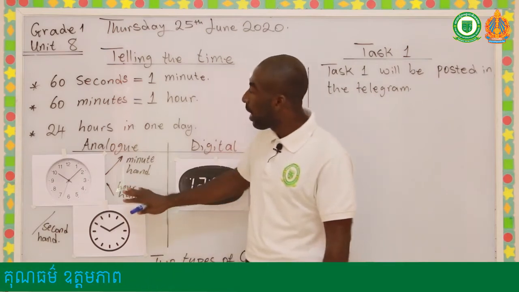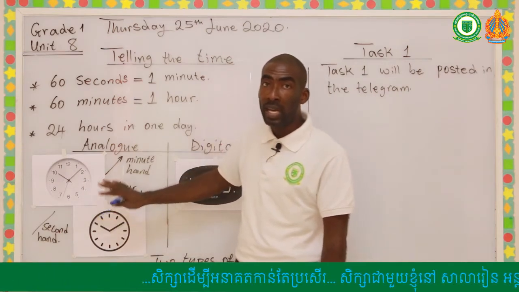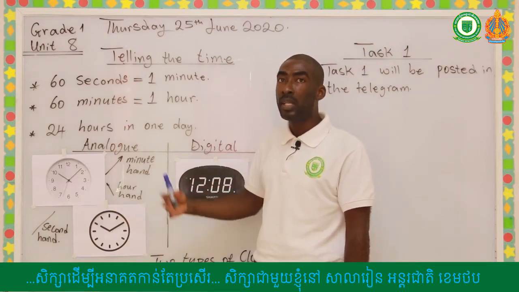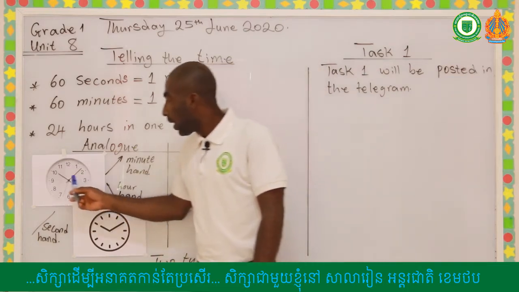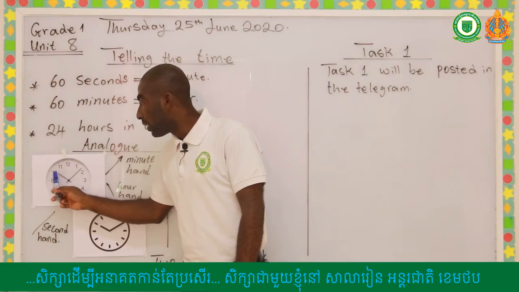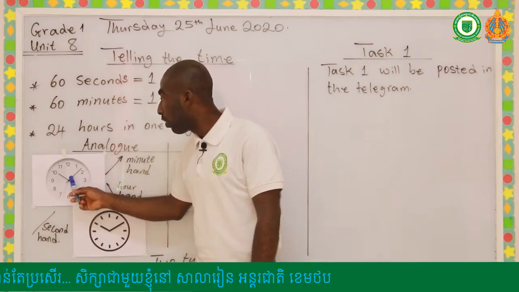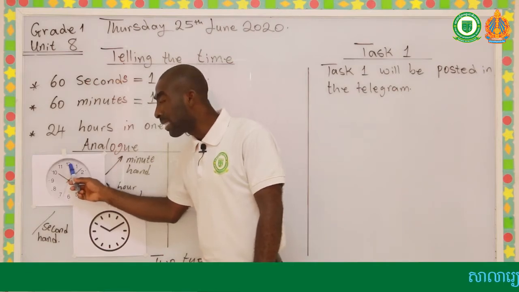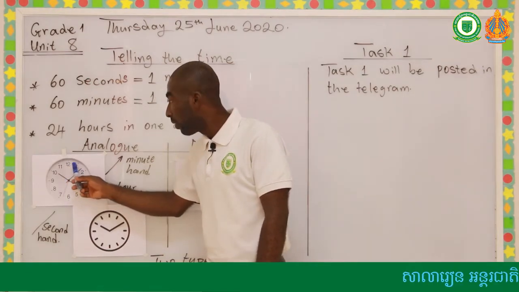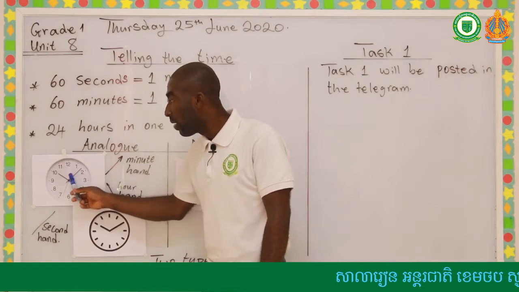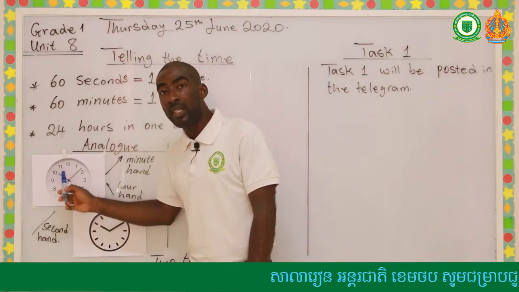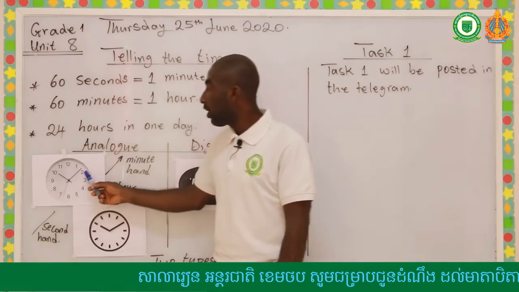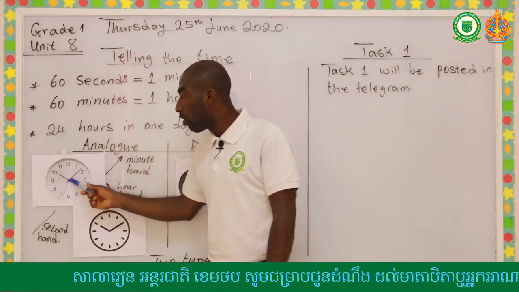Now how do you tell a time from your analog clock? If the short one is on 10 and the long one has passed 12, and it's around this area, the first thing that you have to write is the hour. So the hour becomes 10. And then you look at where the long one is.